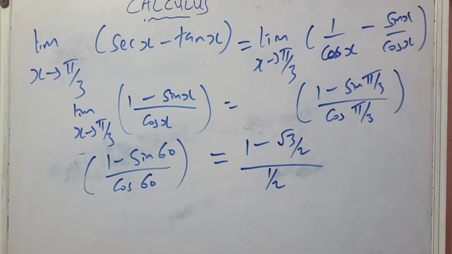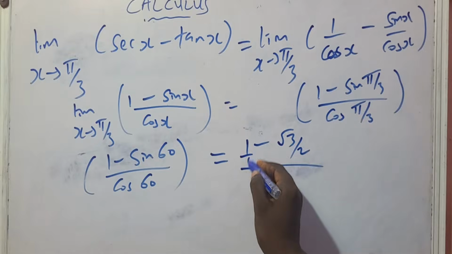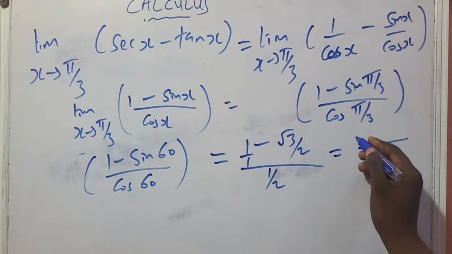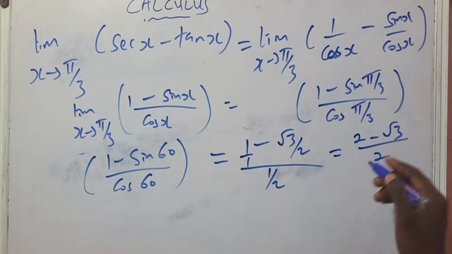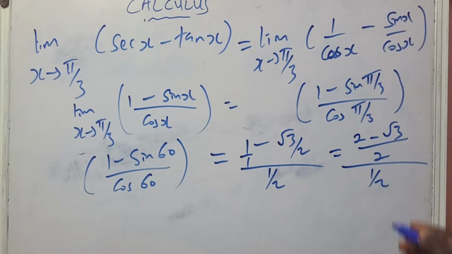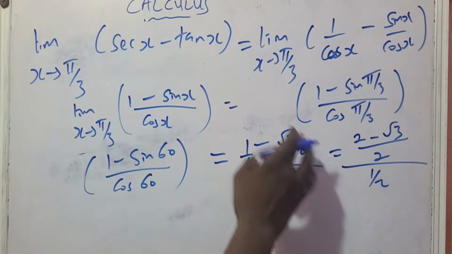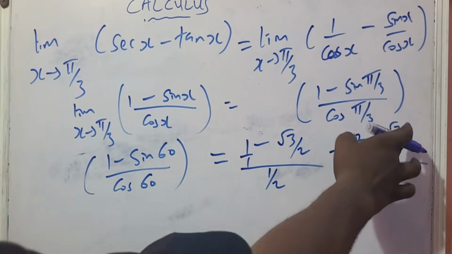So if you go on to try and solve this, of course, you want to find the LCM because this is over 1. You want to find this as 2, and this will be 2 minus root 3 over 2, then we have 1 over 2 here. I'm sure you can follow what's going on here. I found the LCM of the numerator, and that was what I got, 2 minus root 3 over 2.